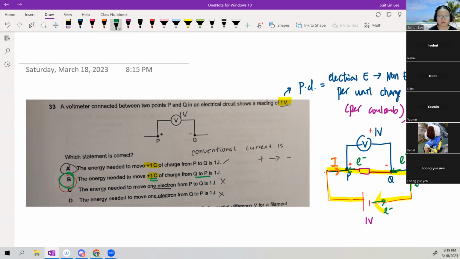But the right direction of movement of the charge will be from Q to P. Hope that helps.